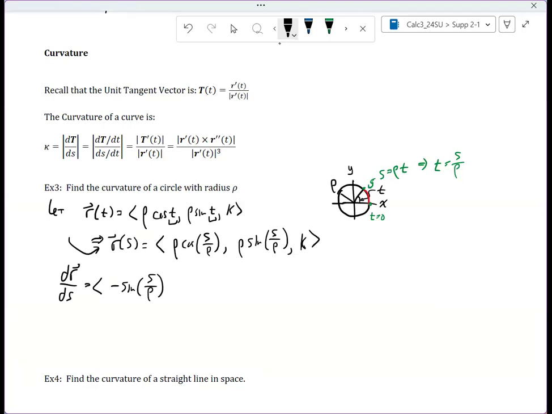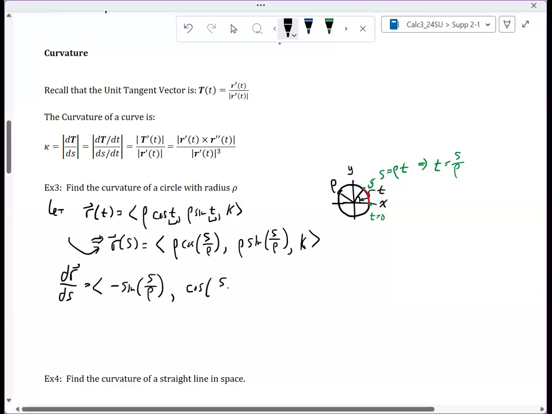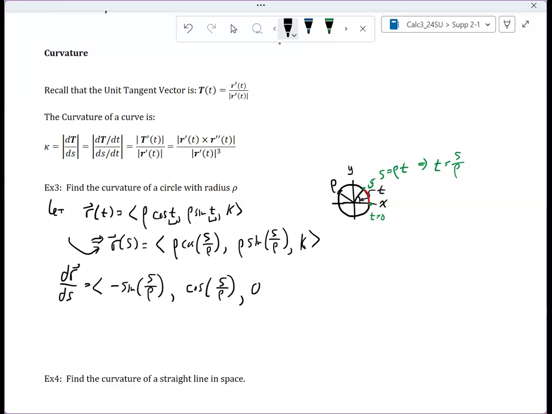A factor of 1 over rho pops out, but that cancels with the rho in front of the cosine. For my second component, sine of s over rho differentiates to cosine of s over rho. And again, I get a factor of 1 over rho popping out from the chain rule that cancels the rho in front. And k is just a constant, so it differentiates to 0. So this is dr ds, or r prime of s.